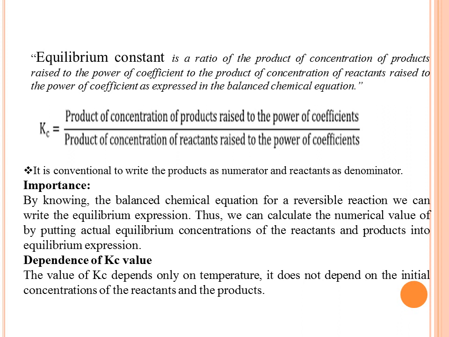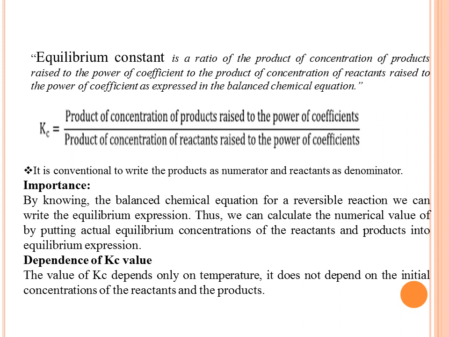Now in the numerator, the product of concentrations of products means that we have to multiply the substances which are formed from the reactants. In common words, we use the name products for them.